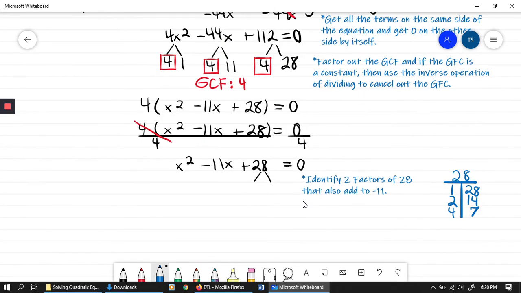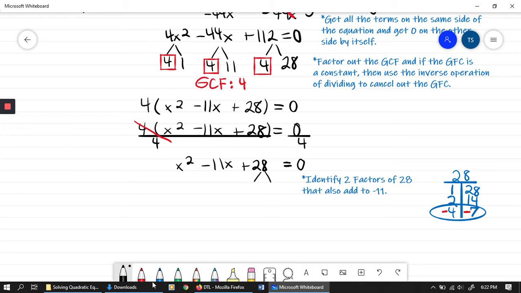So these factors, as they're written right now, will only add to give you positive numbers. So again, that means we have to consider those same numbers with the opposite signs. So the only pair here that even remotely adds to 11 is this last pair. So if we switch the signs for that, that would be -4 and -7. That still multiply to give you positive 28, but then they'd add to give you -11.